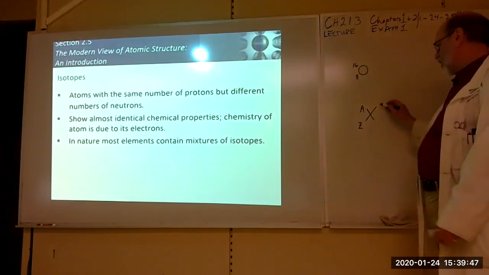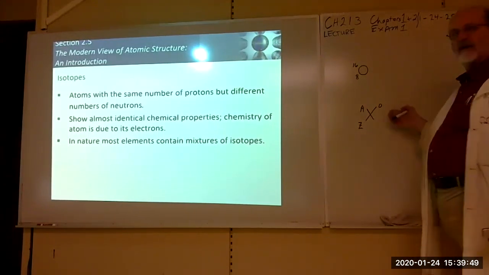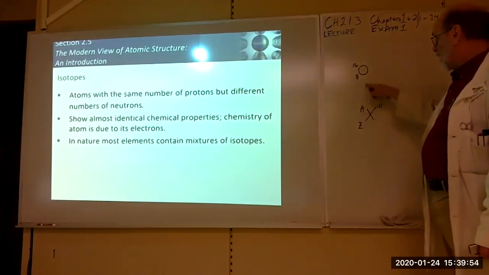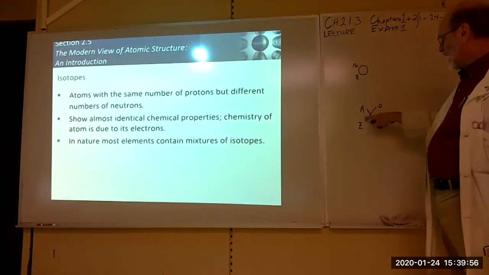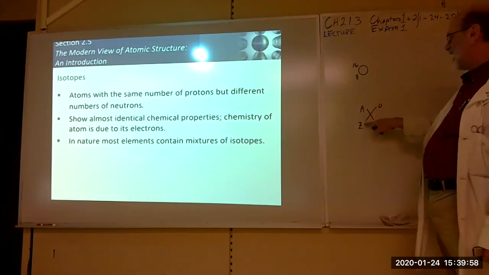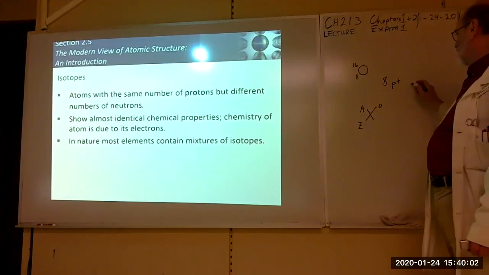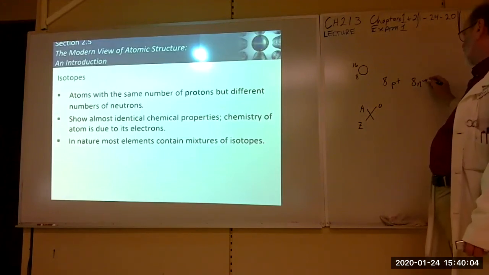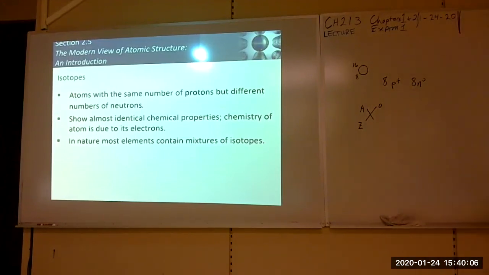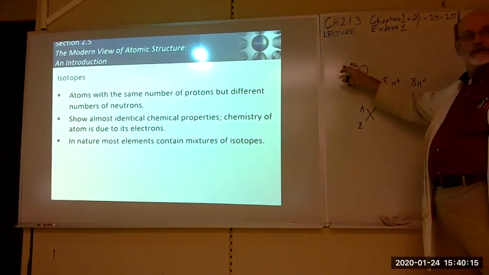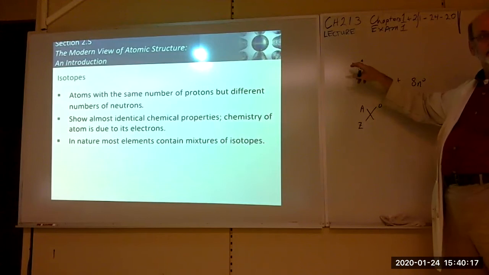And say we don't have a charge, right? And there's only one of them, so we don't put anything there. So if you have 8 protons and 16 minus 8 neutrons, so you have 8 protons and 8 neutrons, you have oxygen for sure, but you have an isotope of oxygen that has a mass number of 16.